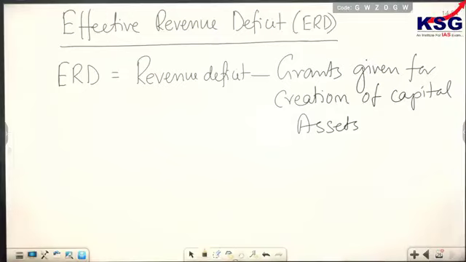So whatever the revenue deficit amount, if you subtract the grants given for creation of capital assets, then it is known as ERD, effective revenue deficit. So you remember this thing, you can write it here.